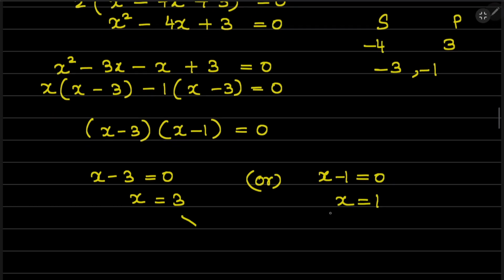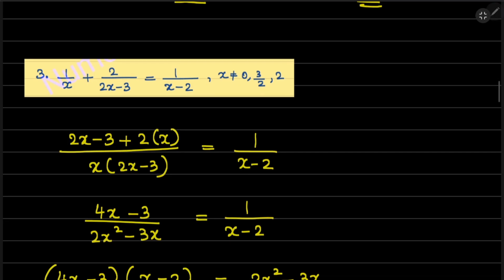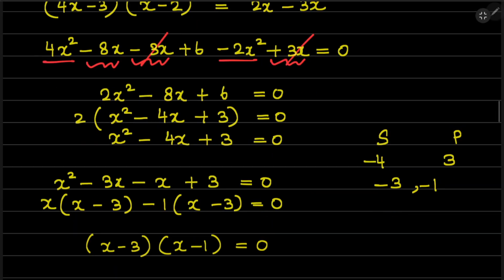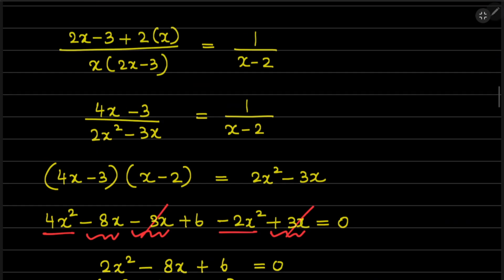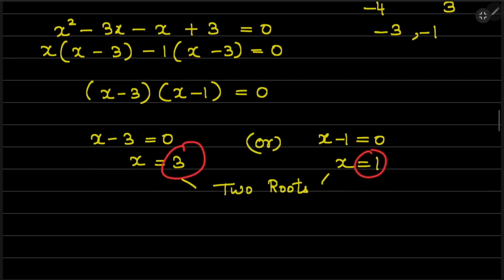So these are the two roots that we need for the given quadratic equation, right? So here also you are given x should not be equal to 0, 3 by 2 and 2. So neither of them are 0, 3 by 2 or 2. So both the roots can be considered.